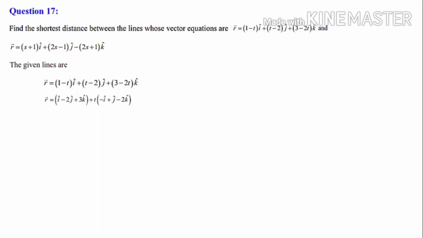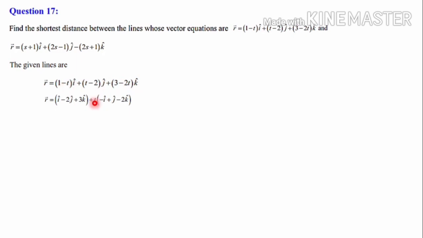Let's group it. That is vector r is equal to constant and the components together. Here 1 into i, that is i cap. Here minus 2 and j, that means minus 2j. Then here 3 and k cap, that is plus 3k cap, plus instead of lambda here t is there.